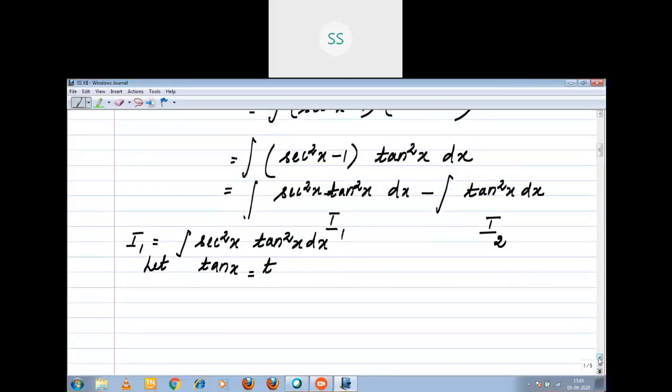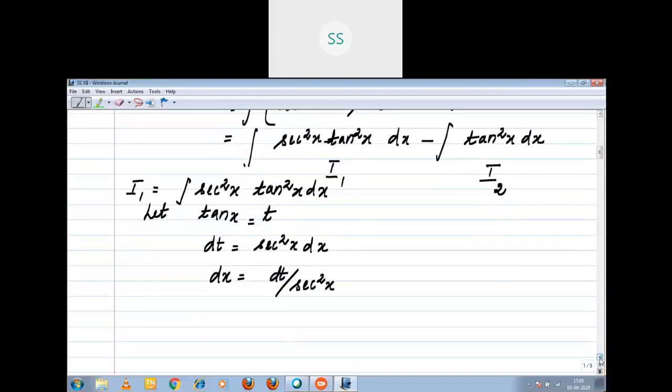Then what is the differentiation? We are going to differentiate with respect to x on both sides. dt equal to secant square x dx. Then dx equal to dt divided by secant square x.